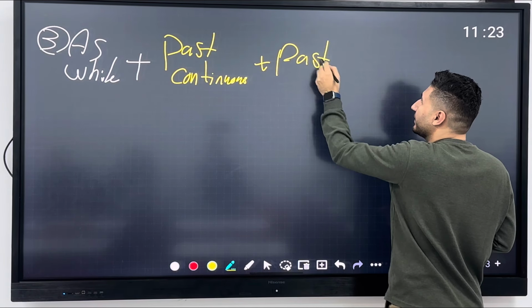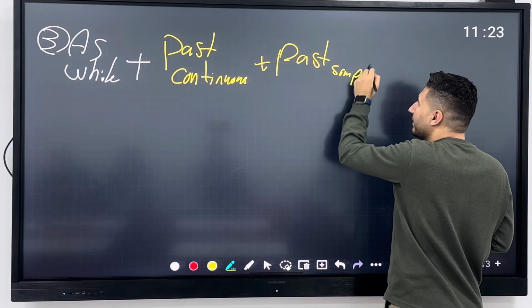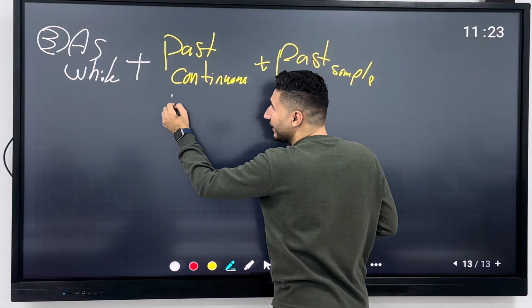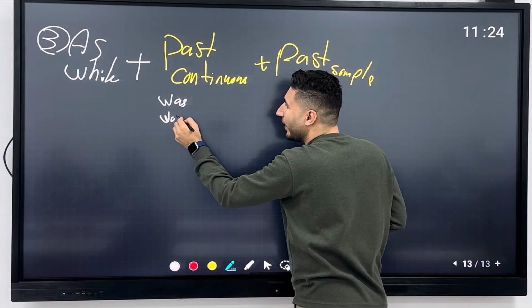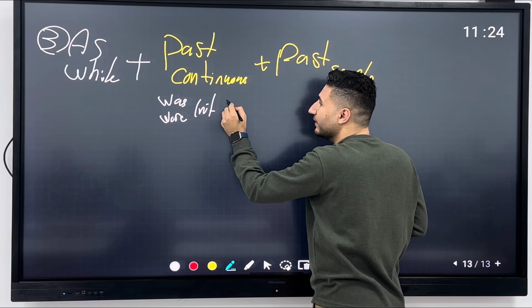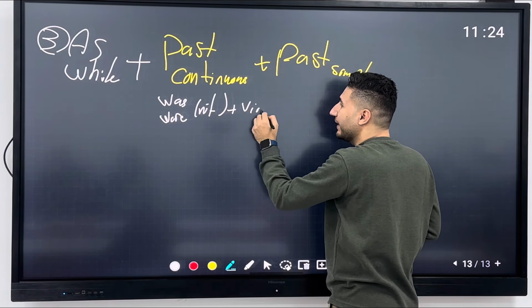What was past continuous? Past continuous is was, were, and the negative is not, followed by verb ing.